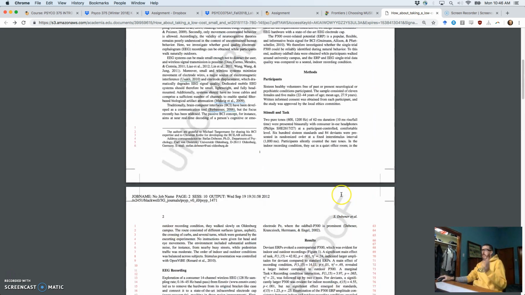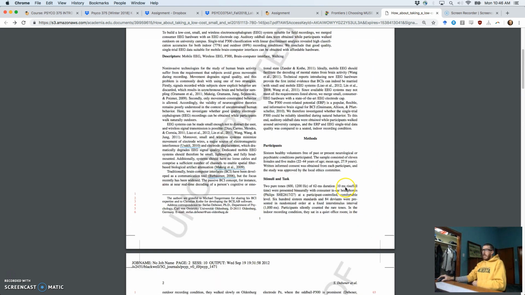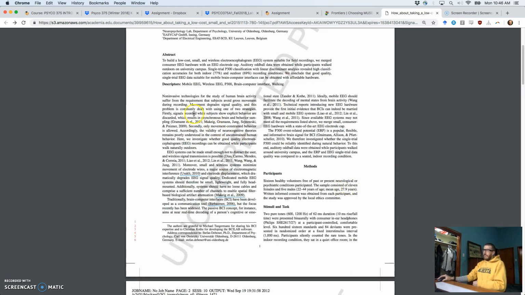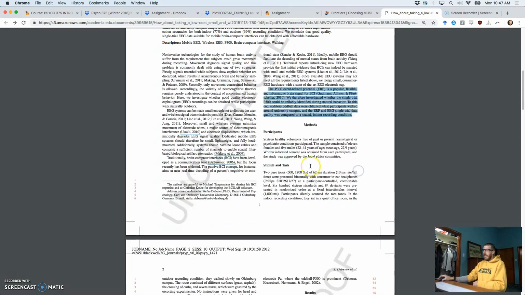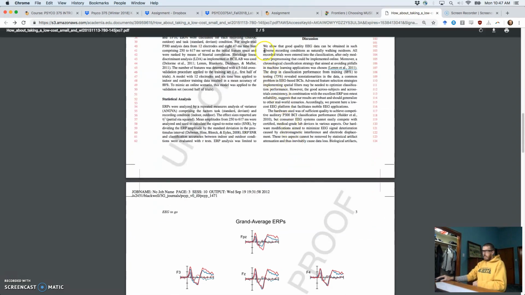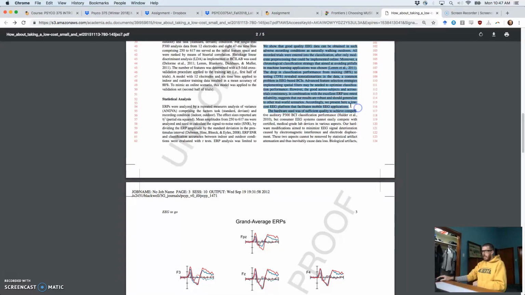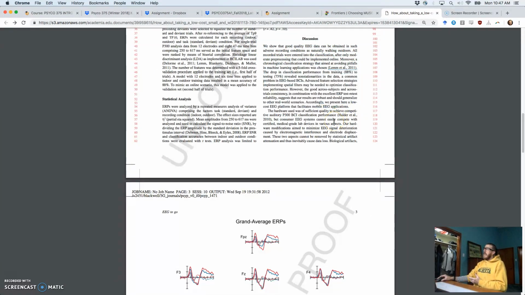So one thing you should notice is that these scientific papers are quite repetitive. The abstract is saying the same thing as this last paragraph of the introduction, which is said again in the discussion. And that's important in scientific writing because we want to get our point across clearly.